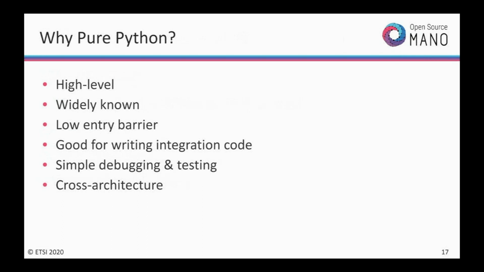So why did we choose Python? Python is a high-level programming language that is widely known. It has a relatively low entry barrier. Our experience shows that it's good for writing the integration code. And when it comes to debugging, you can easily do that in place, which is a useful feature when you're working on a deployment or in production when something goes wrong.